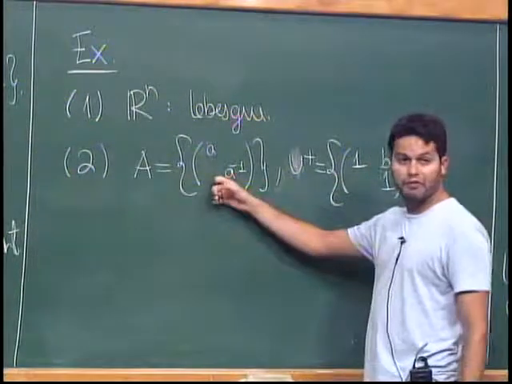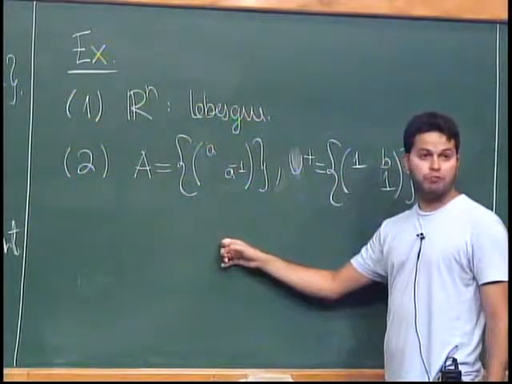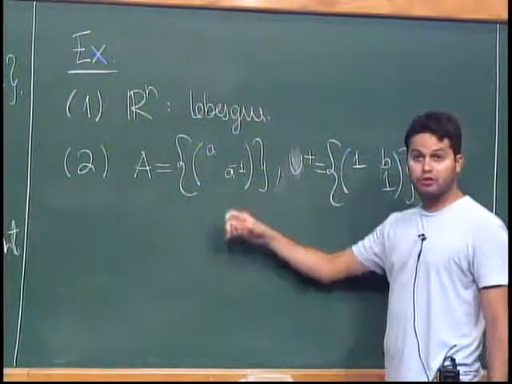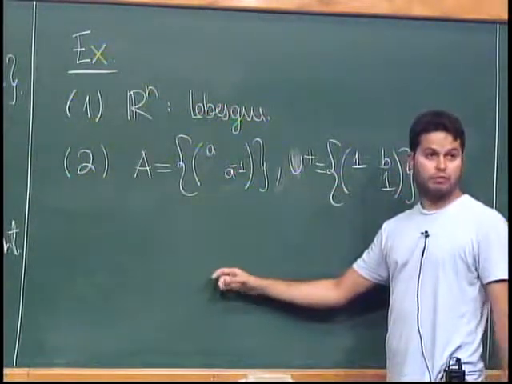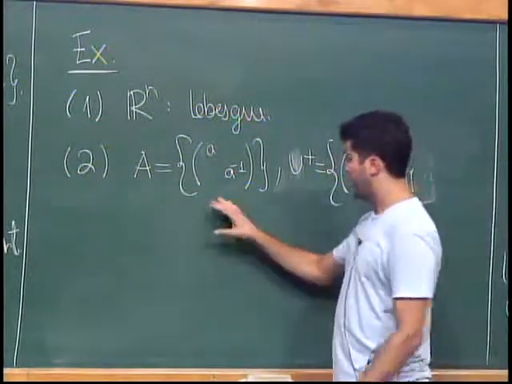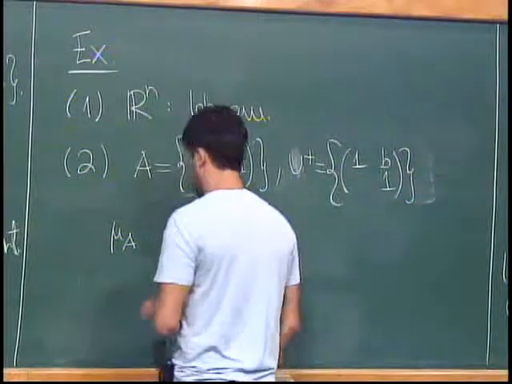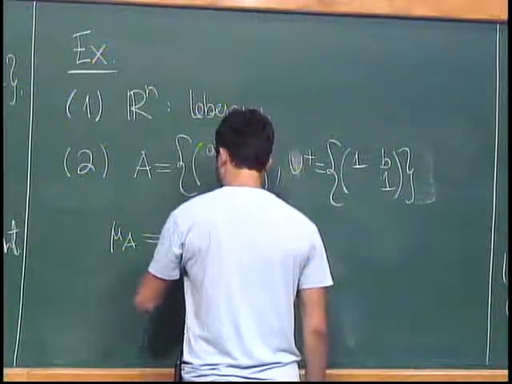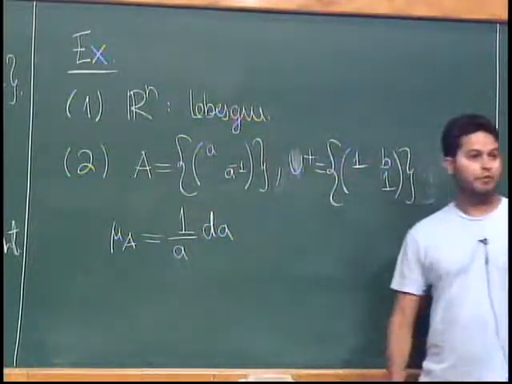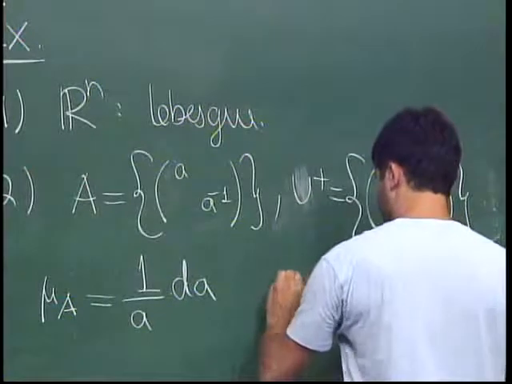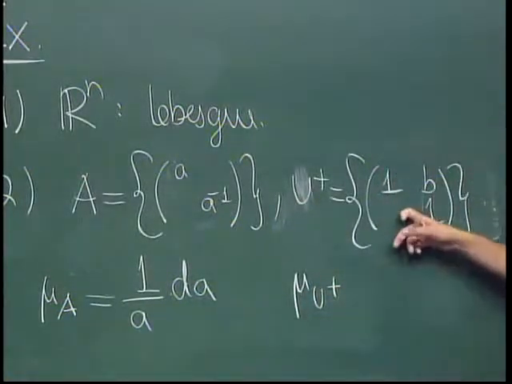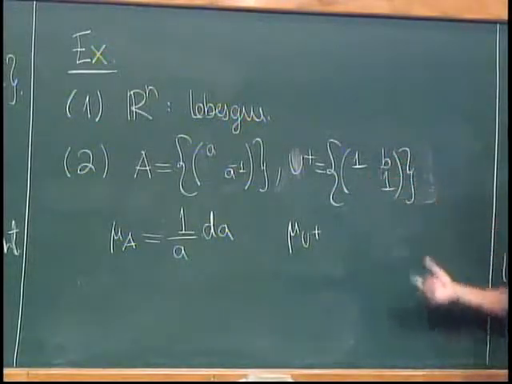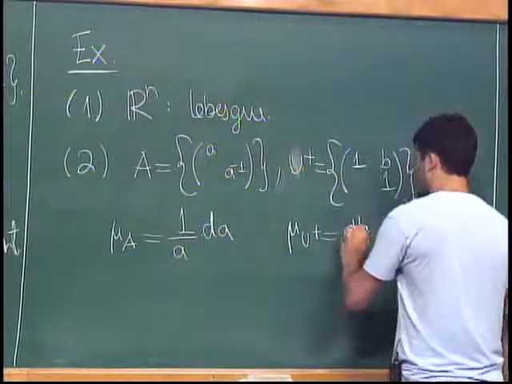So the Haar measure of A should be the pullback of the Lebesgue measure, which is the Haar measure on R. If you do a change of variables, the Haar measure of A can be written as 1 over a times da. And the Haar measure of U plus is naturally identified with the real numbers, so under this parametrization it is just db.